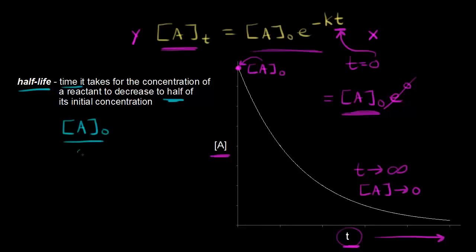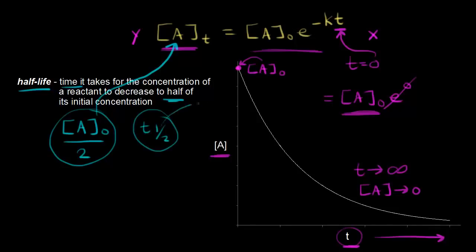We would get our initial concentration divided by 2. So we're going to plug this in for our concentration, and then the symbol for half-life is T1/2. So we're going to plug this in for time. When the time is equal to the half-life, your concentration is half of your initial concentration.